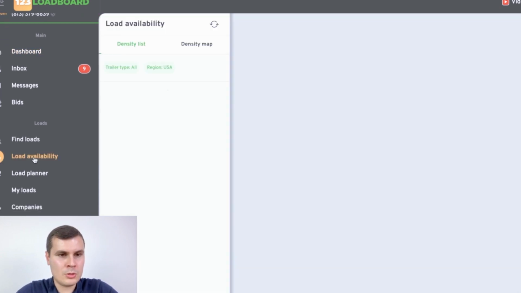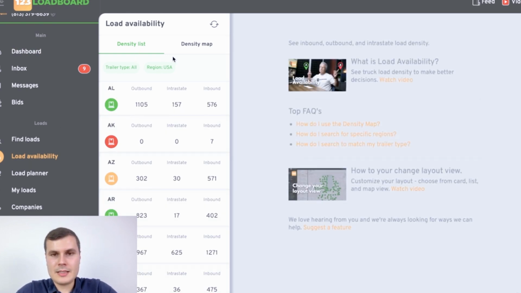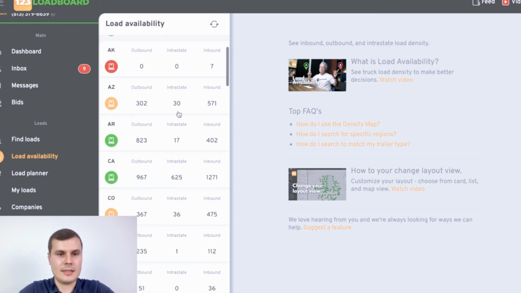I have load availability here. It's called the density list. This is actually the exact same thing we saw on the DAT Tracker's Edge. If you remember the in and out ratio, it's the same here. Inbound will be the in and outbound will be the out. But 123 load board also provides us information on the intrastate loads, so the loads inside the states.